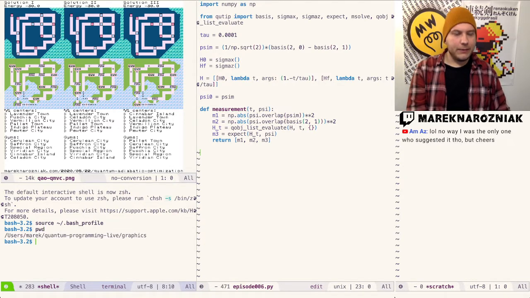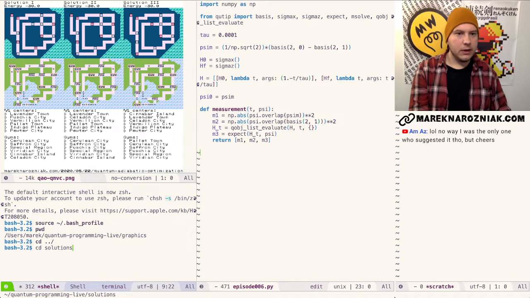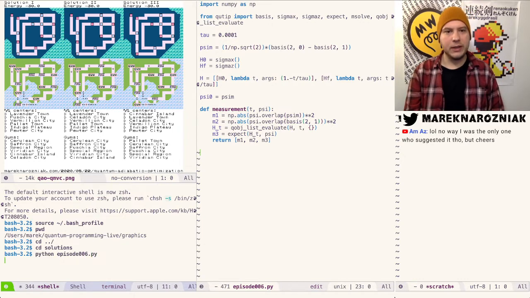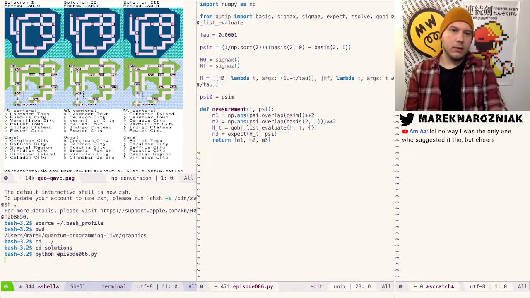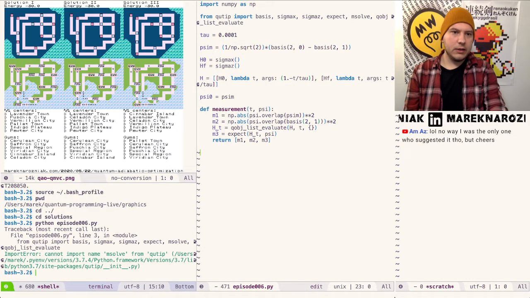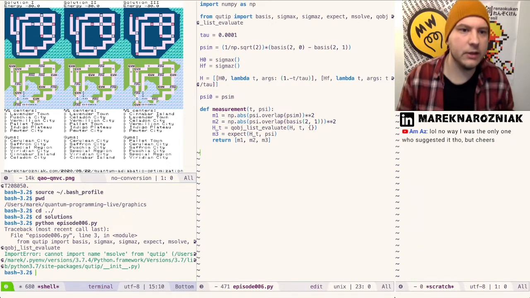Okay, we are in the graphics directory, which is not good. We should go to solutions. And let's just evaluate this episode 006.py, see if I made a boo-boo there or not. Okay, traceback, line 3, from QuTiP import this thing.